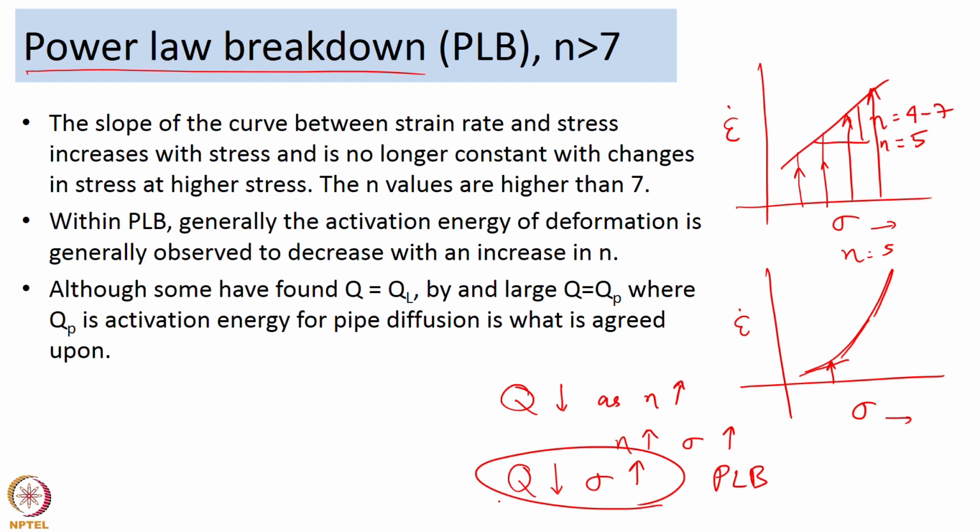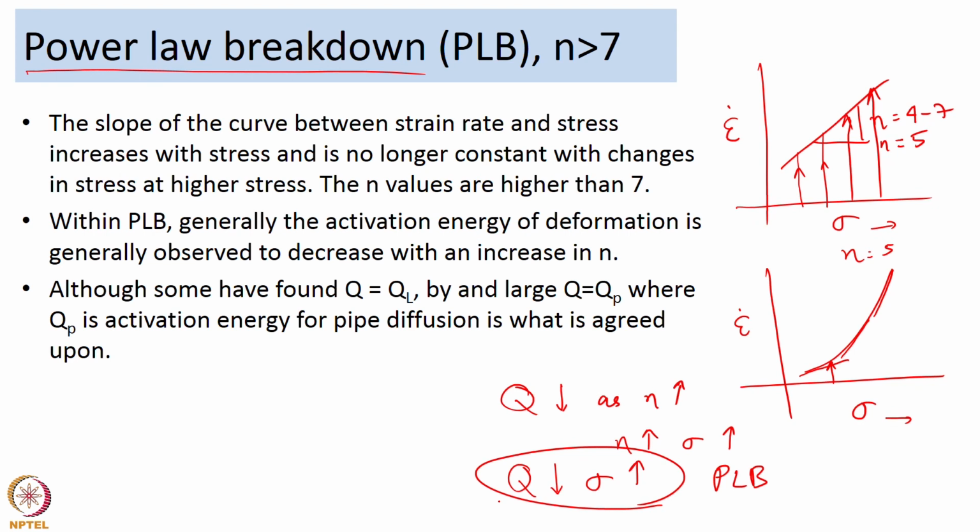In addition to that, we also talked about viscous glide creep mechanisms where the activation energy of diffusion was dependent on the solute diffusivity. We said Q is equal to Qs, which depends upon how fast the solutes diffuse along with the dislocations.